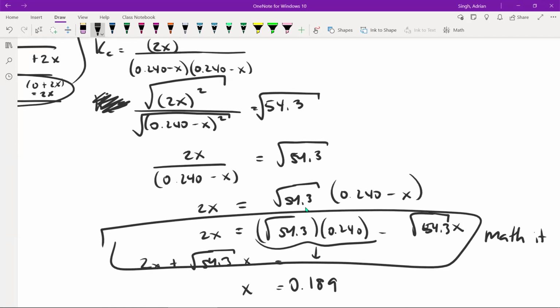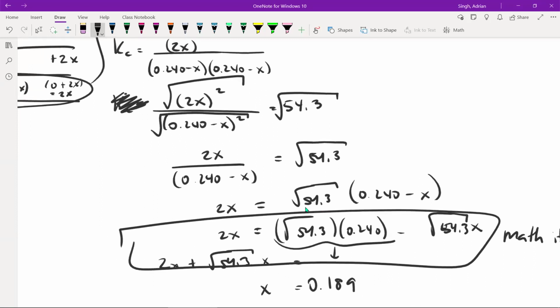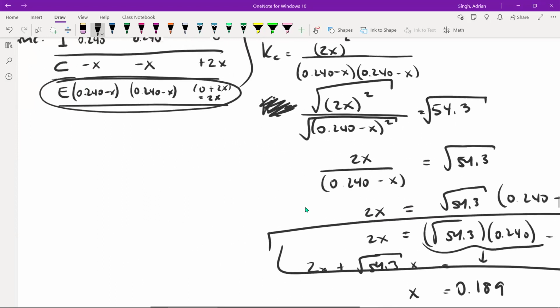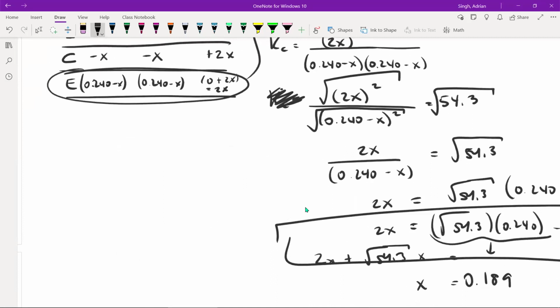So we've determined what value for x is. We can go ahead now and substitute this x value into our equilibrium concentrations and simply determine what these are.